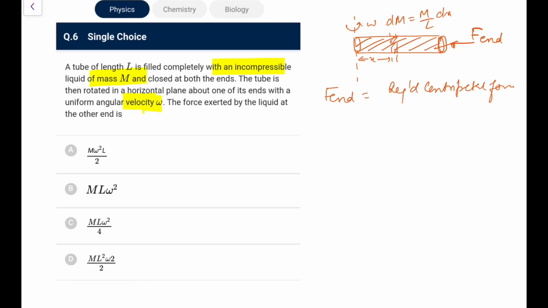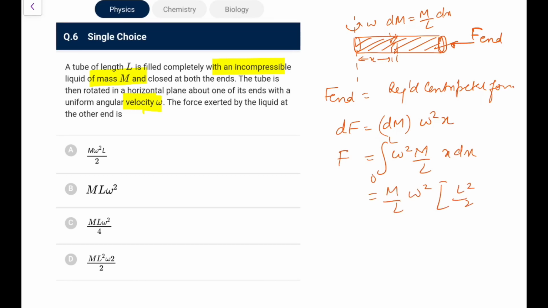We can say the speed of this would be omega x, so the force on it, df, requirement of centripetal force would be dm into omega square x. So that becomes omega square m by L x dx. So for complete, the requirement, this F end will get integrated from 0 to L. So m by L omega square comes out, it will become L square by 2. So it is coming out as m omega square L by 2. So the value that we will be searching is option A.